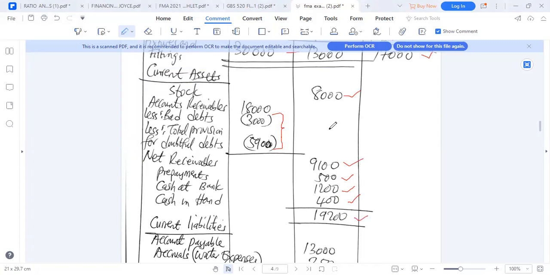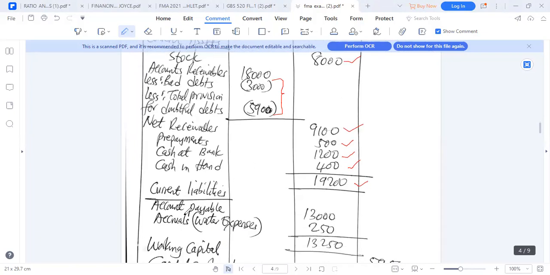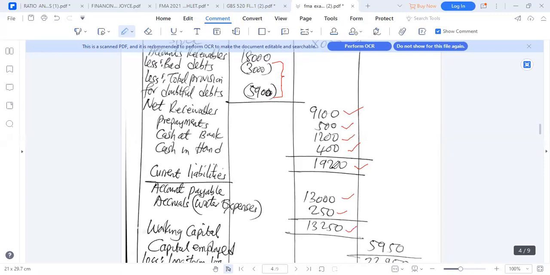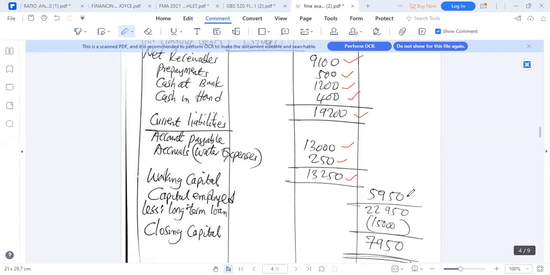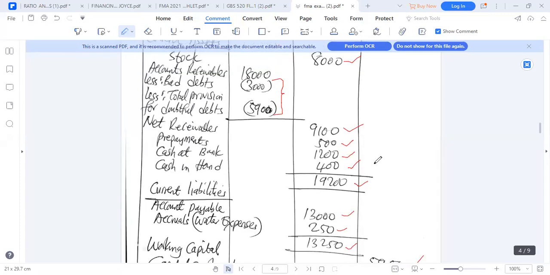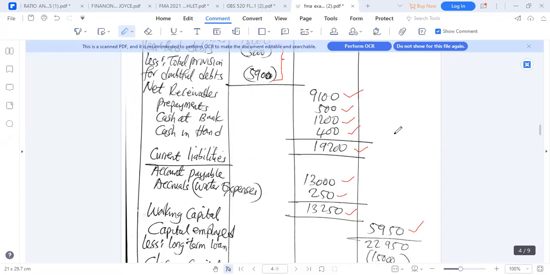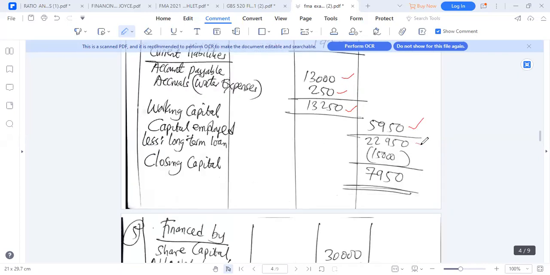So 19,200, we can either add it to the fixed assets or we just subtract our current liabilities there. So we have our creditors, 13,000, the water expenses. When we subtract them, we add them here. This is 13,250. So when we subtract it from there, we get 5,950. This is called the working capital. When we add the working capital to our fixed assets, we get the capital employed, which is 22,950.